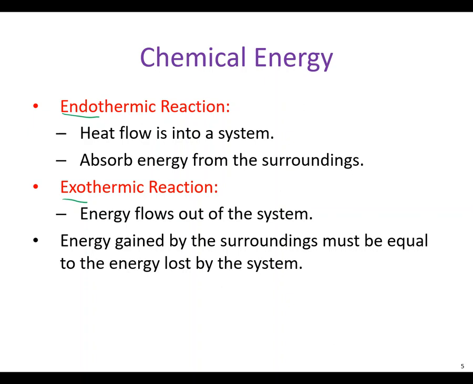It has the same magnitude or value. They are just different directions, and the different directions are denoted by the signs. So system gaining is positive, system losing is negative. It's just the direction, but the magnitude or value of the measurable heat is going to be the same.